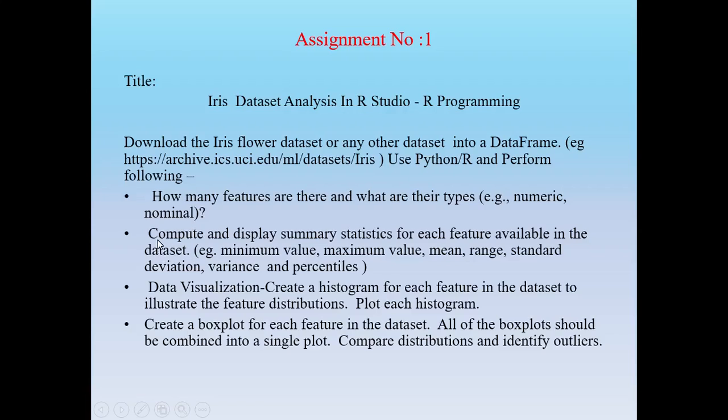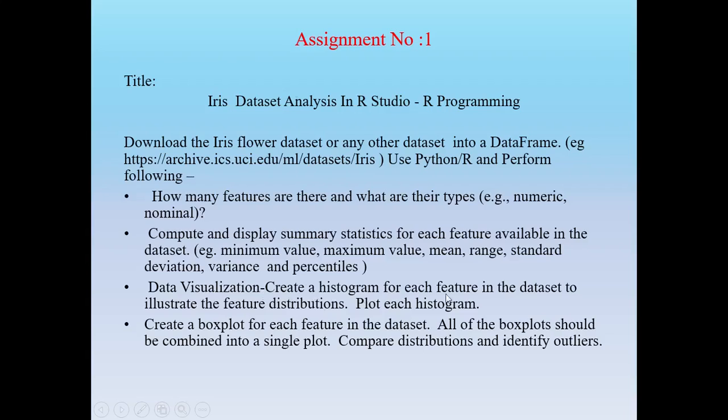Second operation: compute and display the summary statistics for each feature available in the dataset. For example, we have to find the minimum value, maximum value, mean, range, standard deviation, variance and percentile. The third one is data visualization.